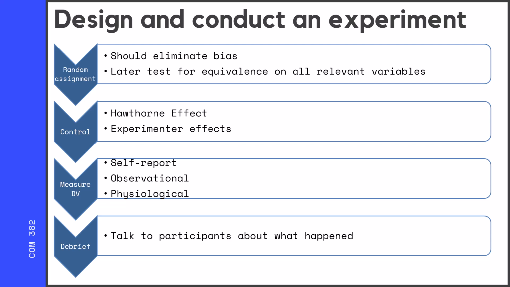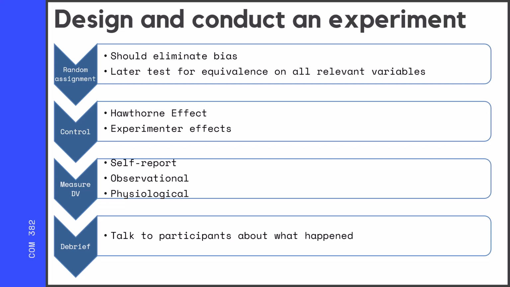There's also a growing movement in communication on physiological measures. So seeing how changes to biophysical indicators like heart rate or blood pressure or cortisol, which is like a stress hormone, people will measure these things to see how people change. And this is a really cool new growing part of communication.